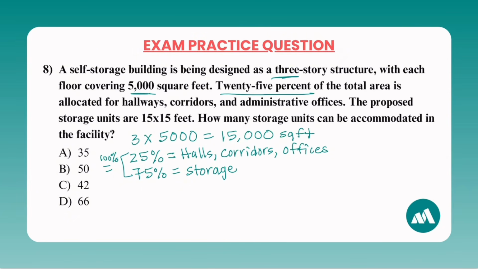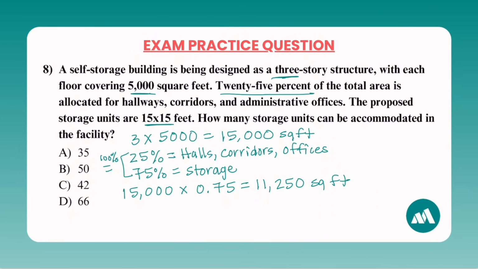So let's find out how much space we could use for the storage bins. So I'm going to take the total square footage of 15,000 square feet and multiply it by 75%. That's going to give us 11,250 square feet to work with. So now let's find out how big these boxes are. They're 15 by 15.